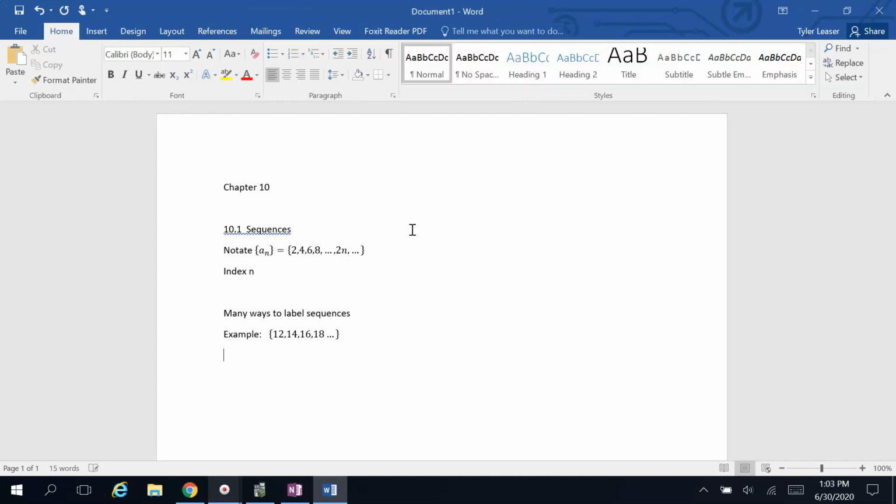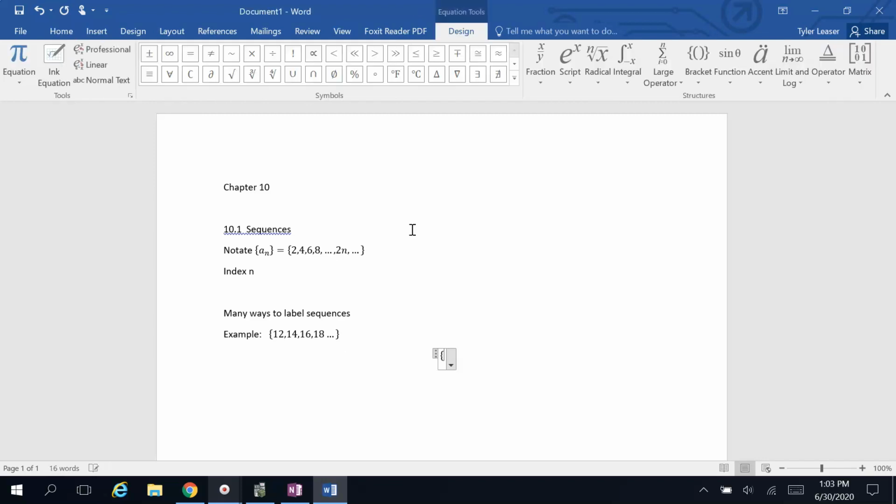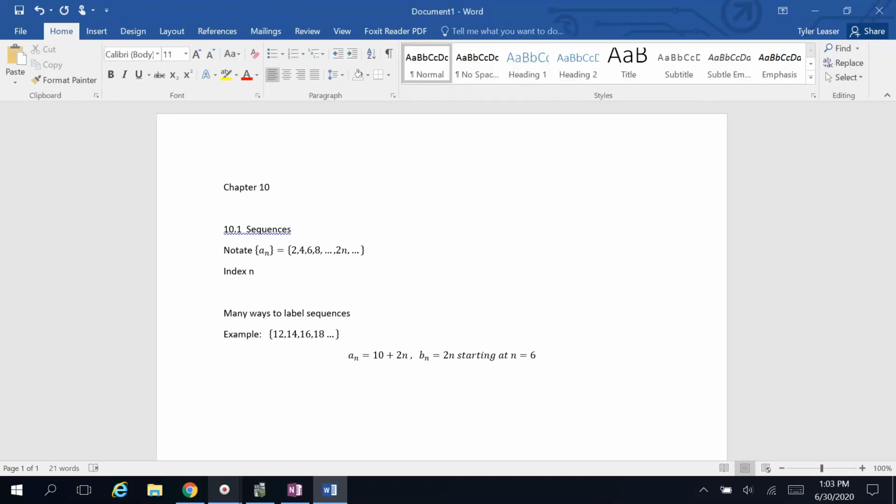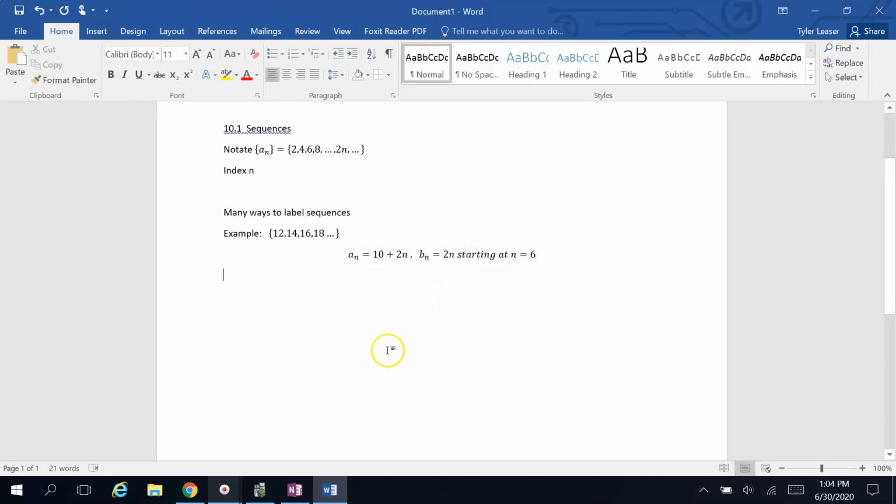One way to label this: we'll just set the a sub n values to be 10 plus 2n. If I let n be 1, I get 12. If I let n be 2, I get 14, and so on. Another way to do this, maybe b sub n, we could just say that it's going to be 2n, but starting at a different index location, so starting at 6. All right, so there's an infinite number of ways to define these sequences.